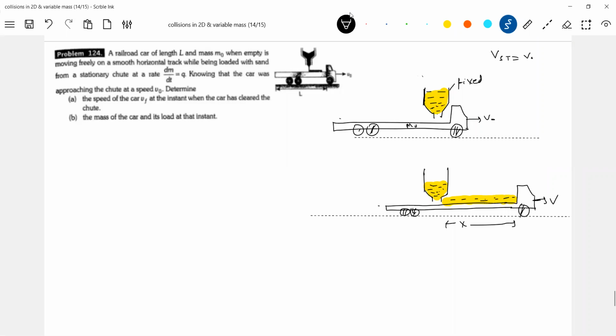V s t equal to V s minus V t. Velocity of sand with respect to trolley, this we don't know. Velocity of sand is 0, no? And velocity of trolley is v towards right. And velocity of sand with respect to trolley is v r. So what is the direction of the mass which is getting added up? It will be, okay, I'll shift it a little bit up.